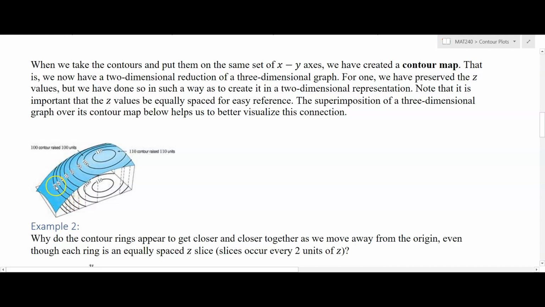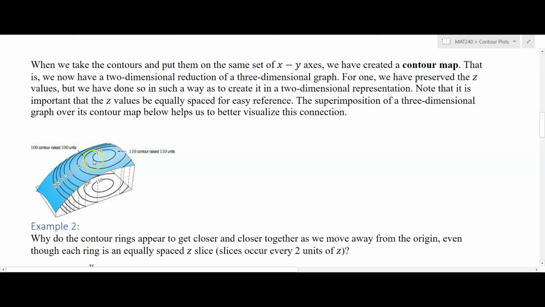So if you were to walk along this trek, along this black curve, you would be maintaining a steady elevation of 40 units. Similarly, up here, if you were at an elevation of 110, you could be at any point along this elliptical ring, and that would maintain an elevation of 110 feet. So if you walked in that ellipse, you would never be changing your elevation. You'd be hiking on a flat plateau.